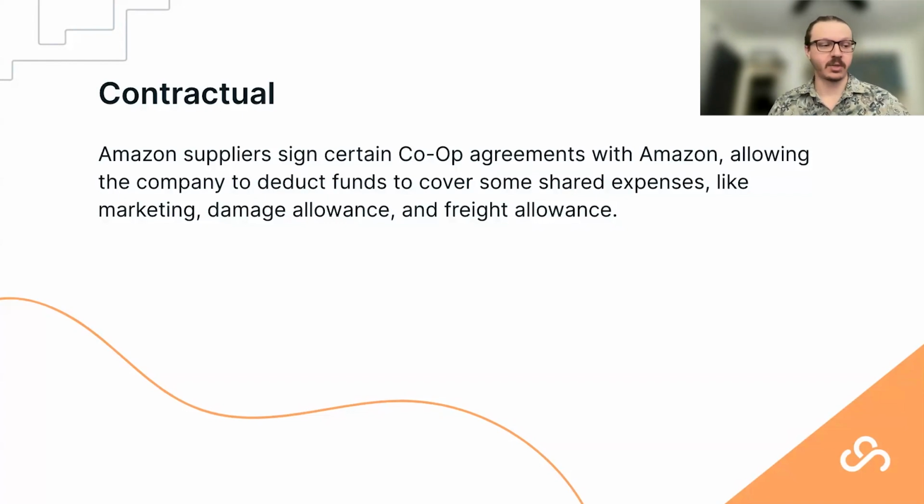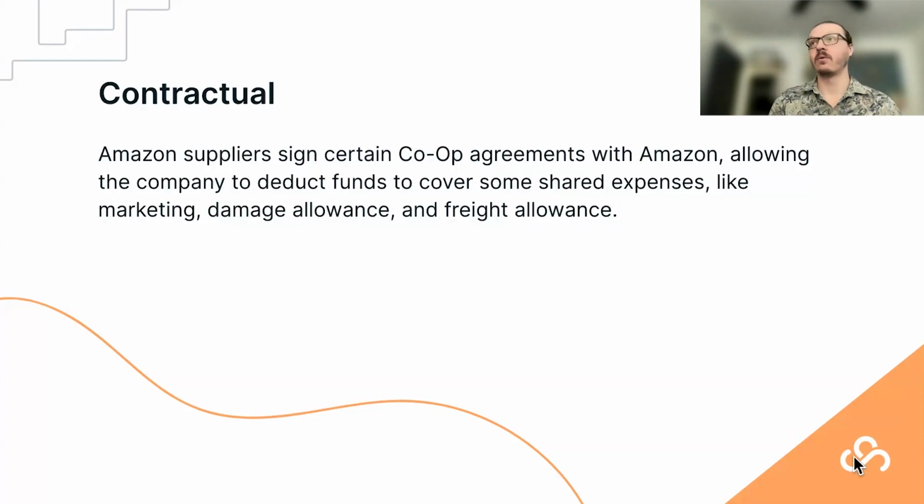If you're a vendor or supplier to Amazon, you've likely got one of these in place, whether that's for your typical annual accrual or, again, for things like your damage allowance or freight allowance if you're using Amazon's collect freight program. So again, these are typically budgeted expenses, agreed upon expenses.